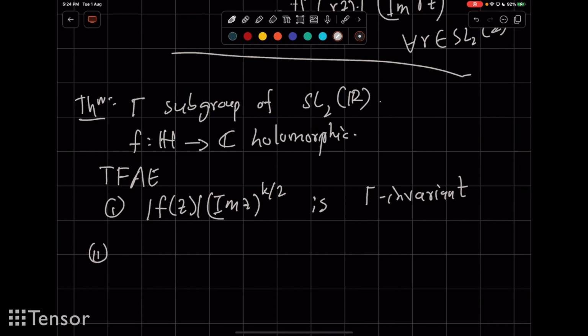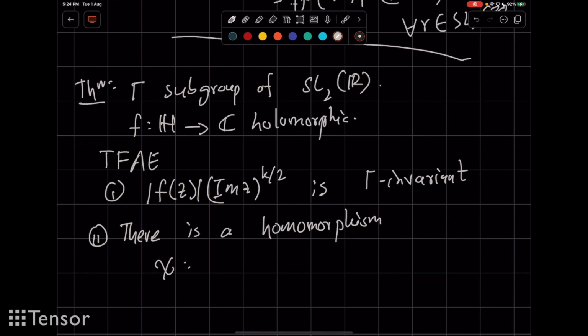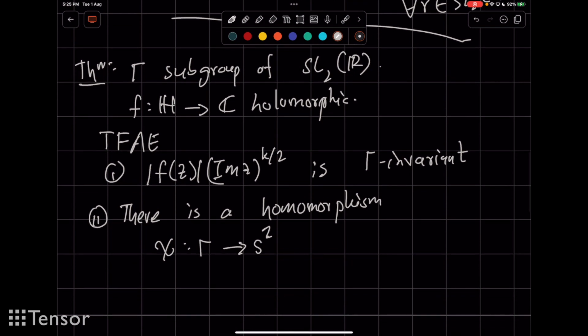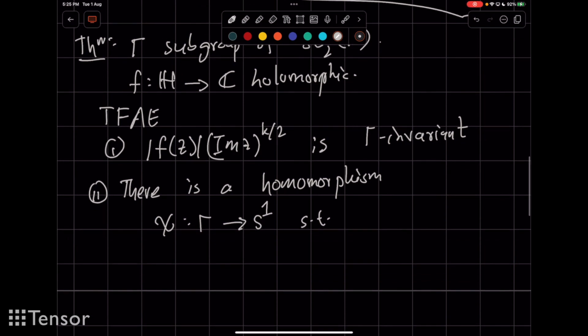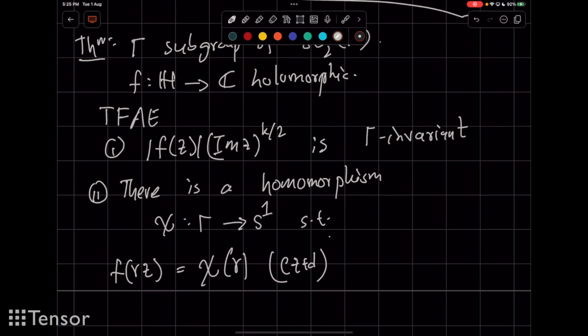The other one is that there is a homomorphism χ from Gamma to the unit circle S^1 such that f(γz) equals χ(γ) times (cz+d)^k times f(z), where c and d are just the lower row entries of γ.